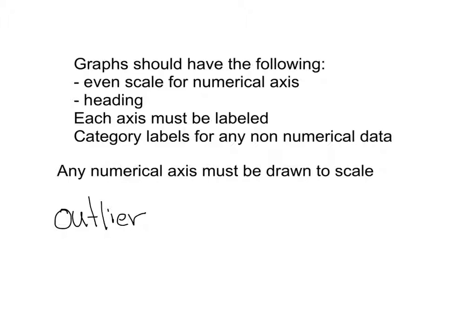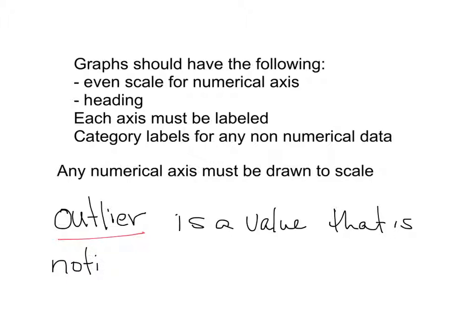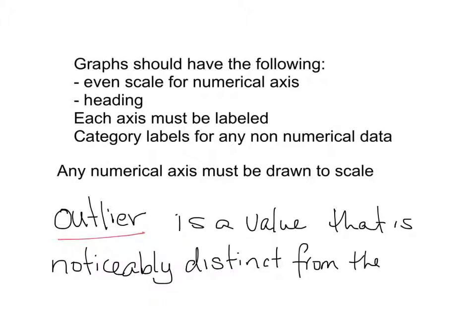Okay, an outlier is a value that is noticeably distinct from the main cluster.